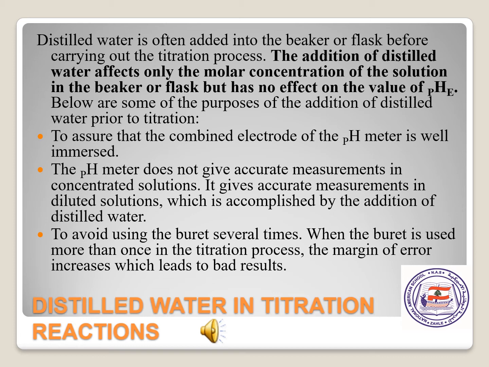The addition of distilled water has no effect on the value of the pH, which is 7. So adding distilled water prior to titration will not change the value of the pH recorded at equivalence, which is 7.